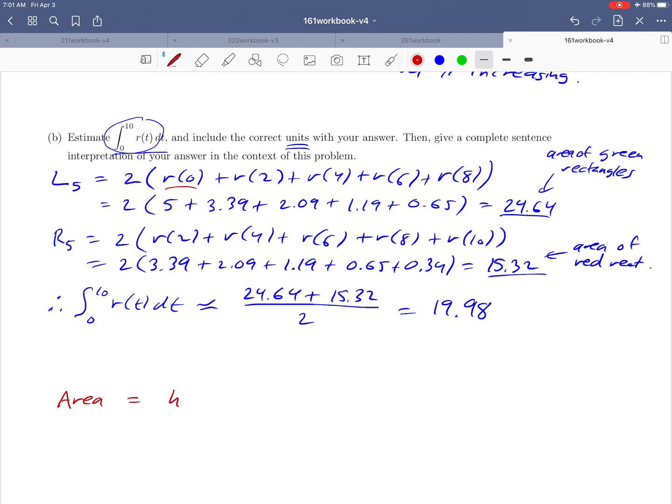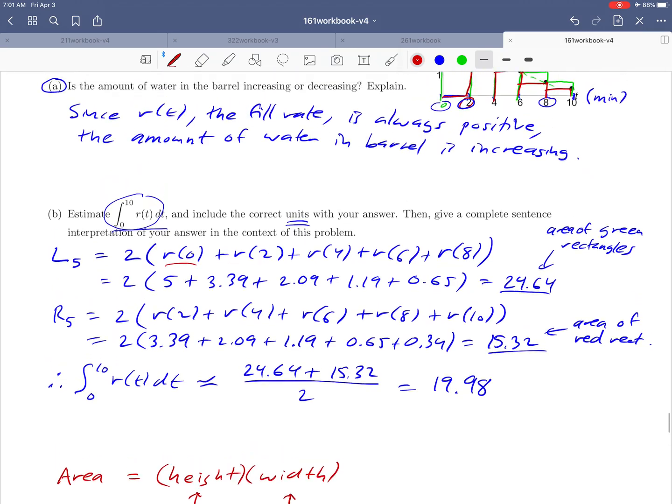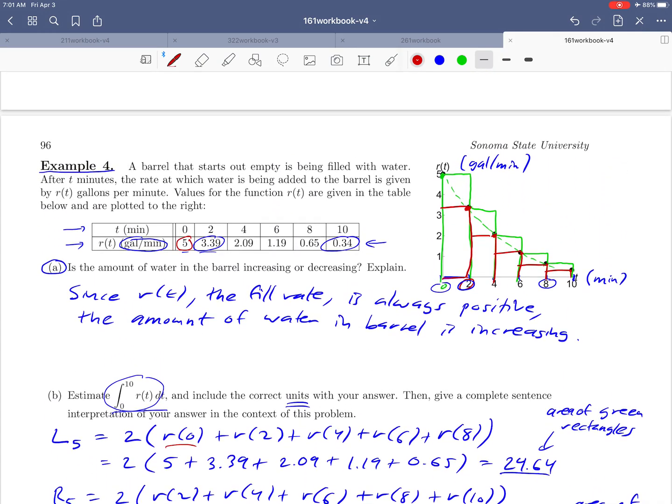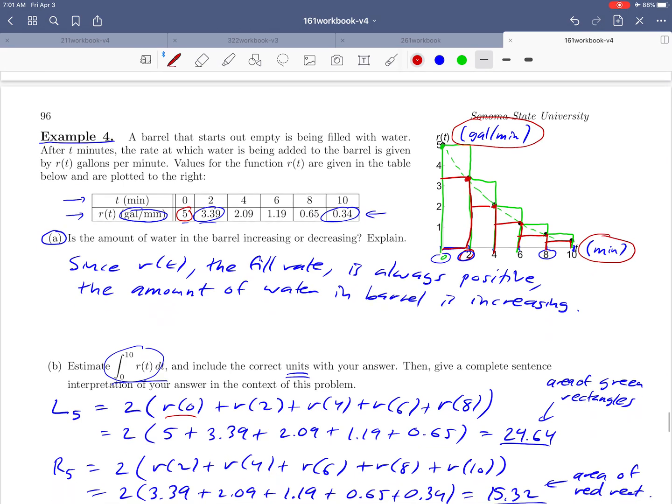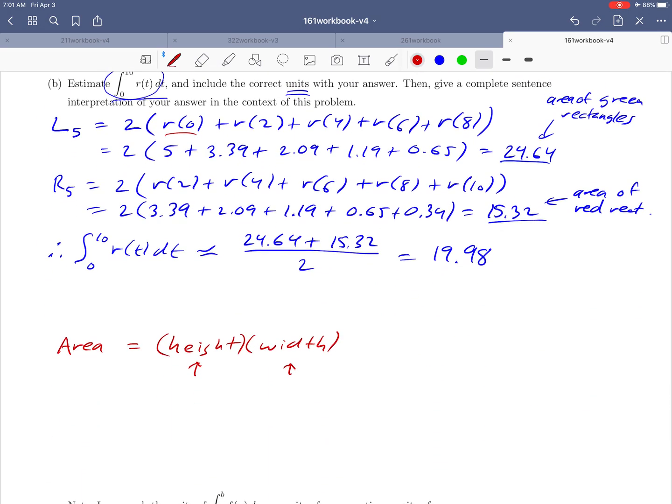So remember that area is height times width in this problem. Okay, so what were the units of height and width? Okay, let's scroll up and look at our picture. Okay, our height units were given by the y-axis, gallons per minute, and our width units horizontally were minutes. So height times width is going to be those two units multiplied by each other, gallons per minute times minutes.